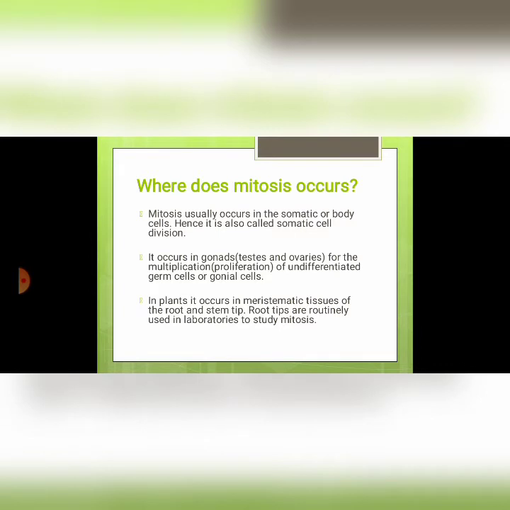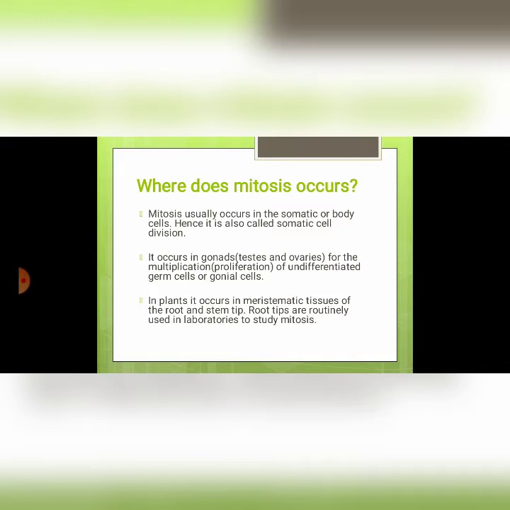Now the question is, where does mitosis occur? Mitosis usually occurs in the somatic or body cells. Hence, it is also called somatic cell division. Clear? But if you recall the process of spermatogenesis and oogenesis, generally we call it gametogenesis, there are three steps, right? First is the multiplication phase, second is the growth phase, and third is the maturation phase.